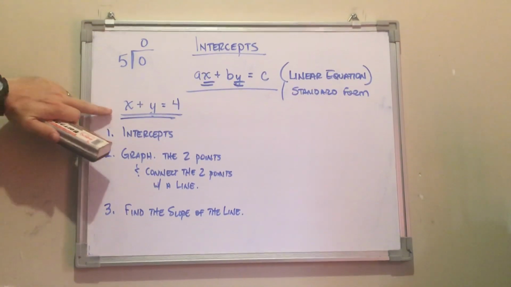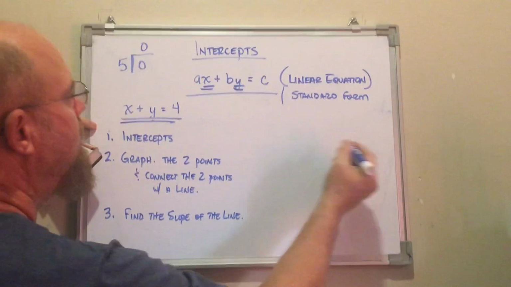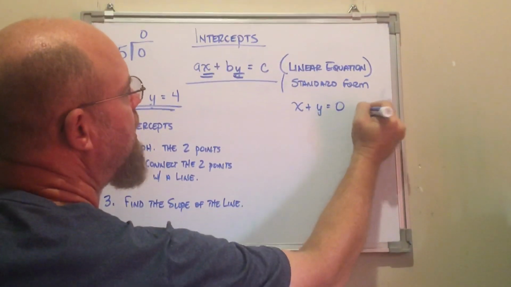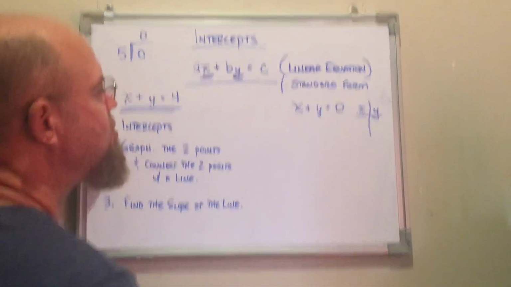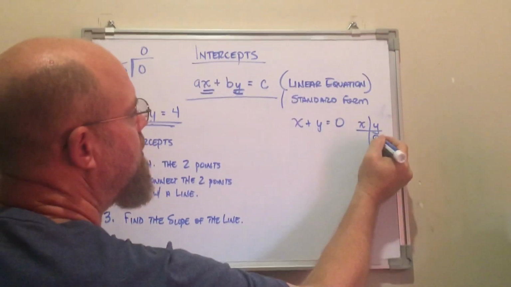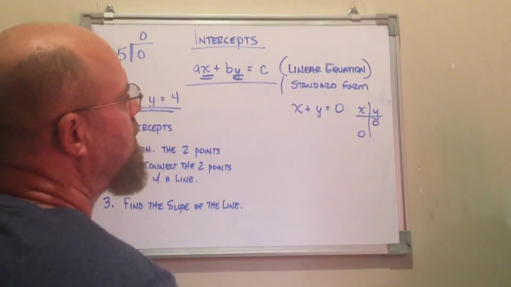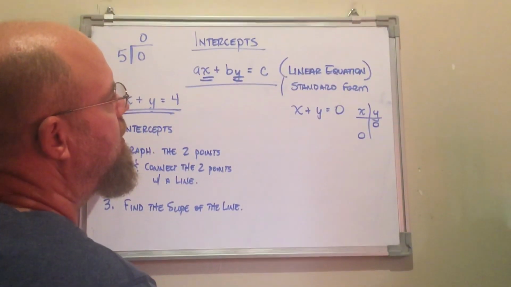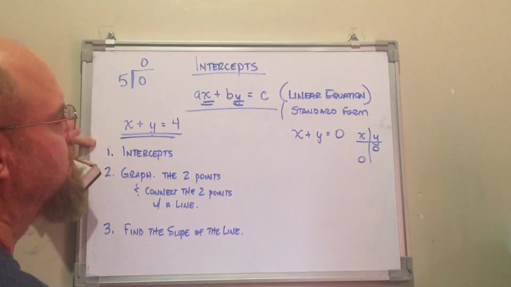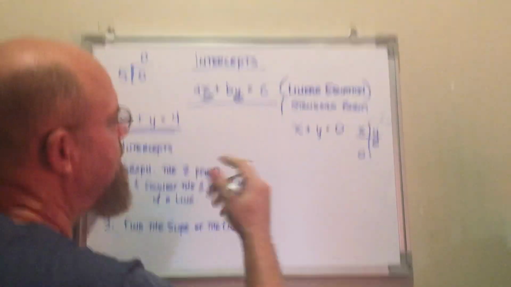All right, so if I were to give you this one, what would we do? We would say, all right, I've got x plus y equals 4. So I'm doing my little chart over here. I need to find the intercepts. The x-intercept is when y equals 0, and the y-intercept is when x equals 0. So then all I do is plug in y to find x.